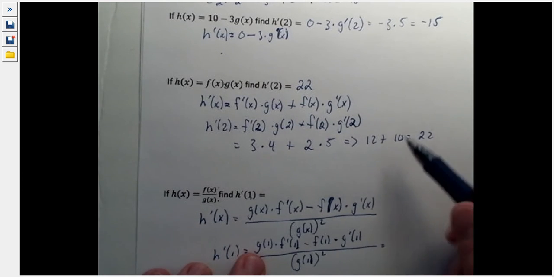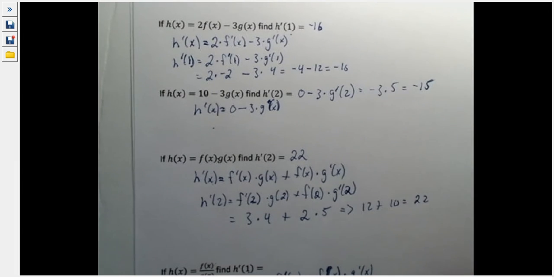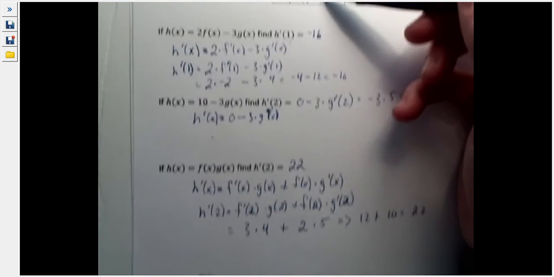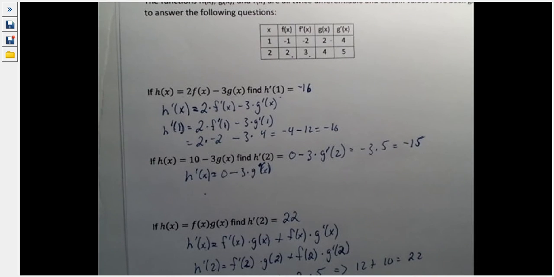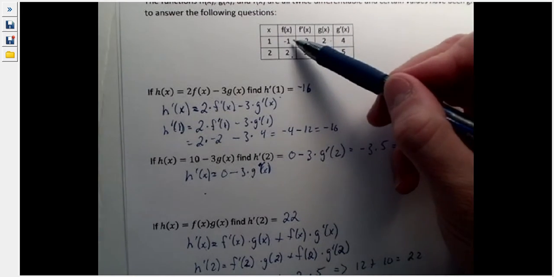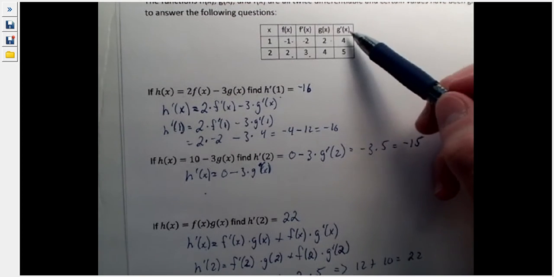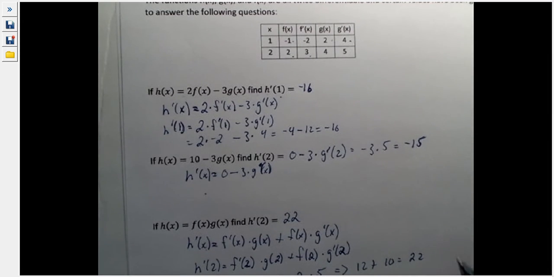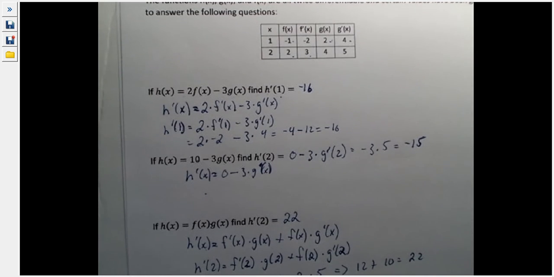Which means now we use our table. g of 1 is 2 times f prime at 1, which is negative 2, minus f at 1, which is negative 1, times g prime at 1, which is 4, all over g at 1, which is 2, squared.